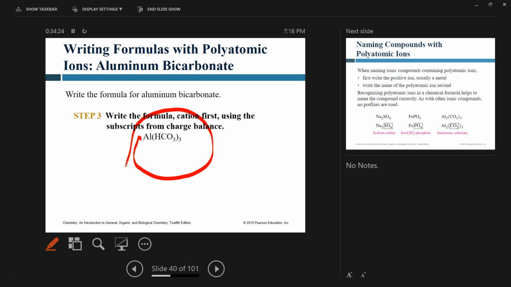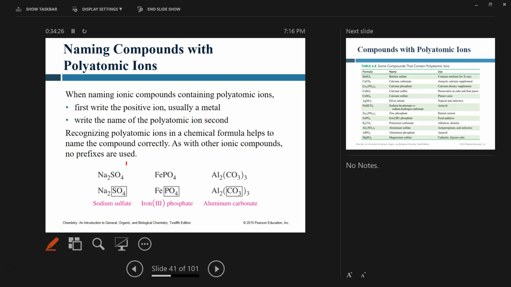Now, few rules that you're already familiar with. When you write the formula for polyatomic anions, you always write the cation first. The positively charged cation goes first.